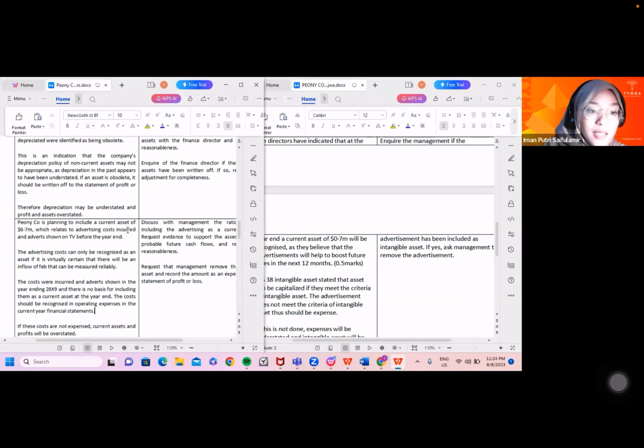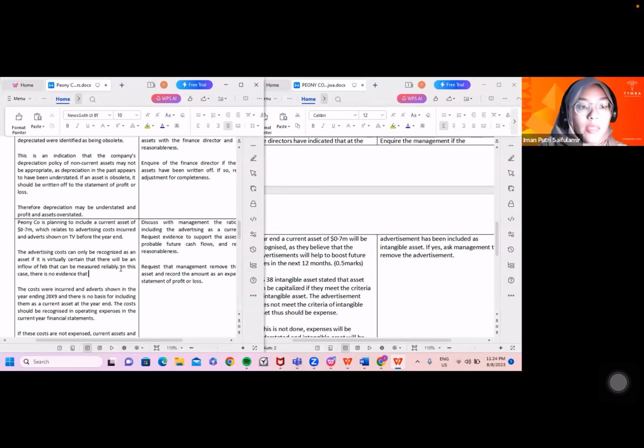So in this case, there is no basis for including them as a current asset. Maybe another way that I can say it: there is no evidence that the advertising costs will bring an inflow of future economic benefits, thus they should not be recognized as a current asset. It should be expensed off instead.